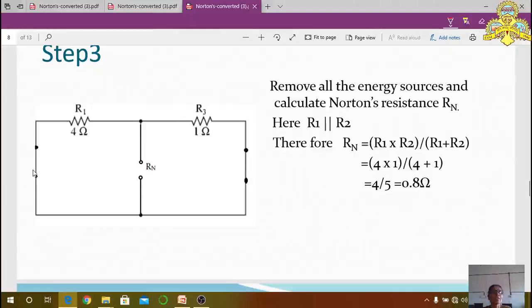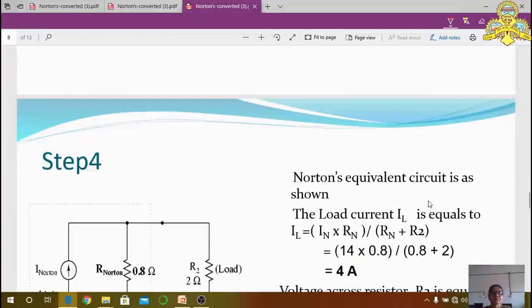So you remove those voltage sources and short circuit those points, then the circuit becomes like this, and the total Norton's resistance Rn equals, here these two resistors are connected in parallel. So it becomes R1 into R2 divided by R1 plus R2, which equals 4 into 1 divided by 4 plus 1, it becomes 0.8 ohms.